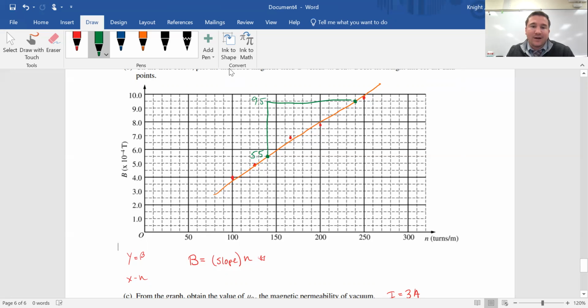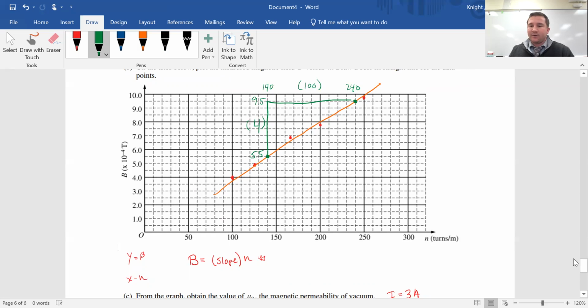That is a rise of 4. And then we go from 140 to 240. That's a run of 100.